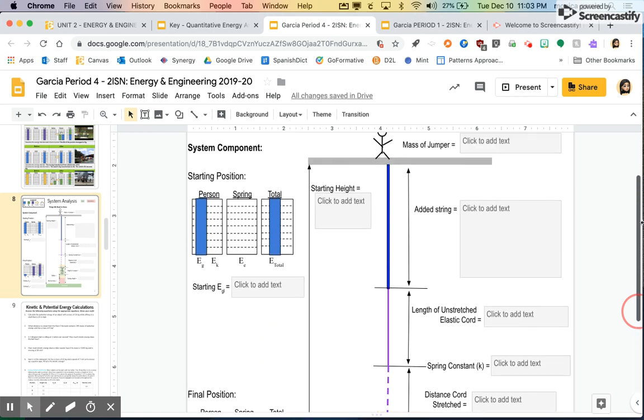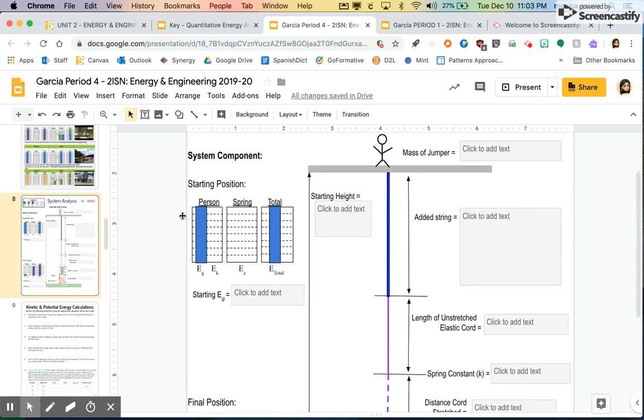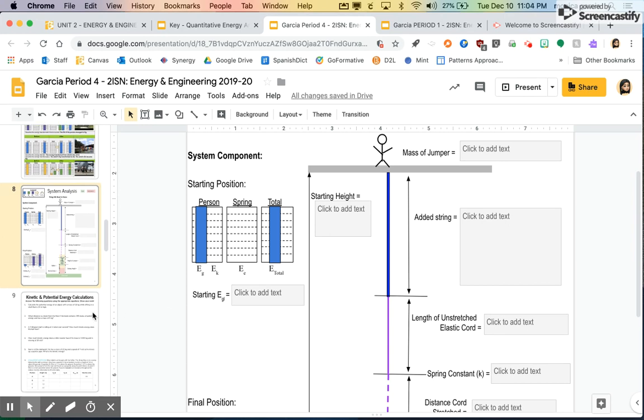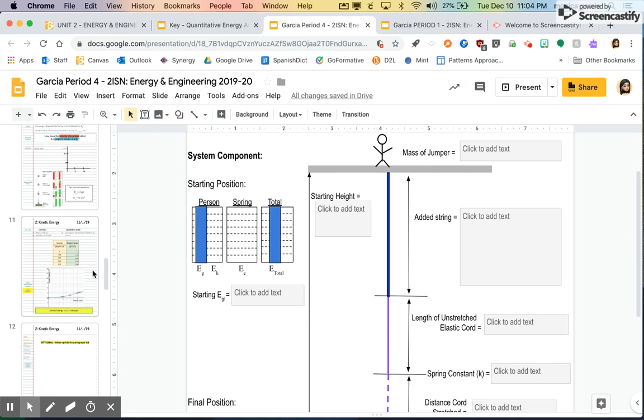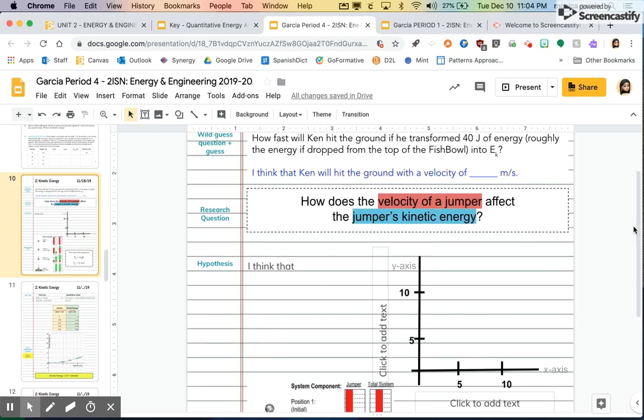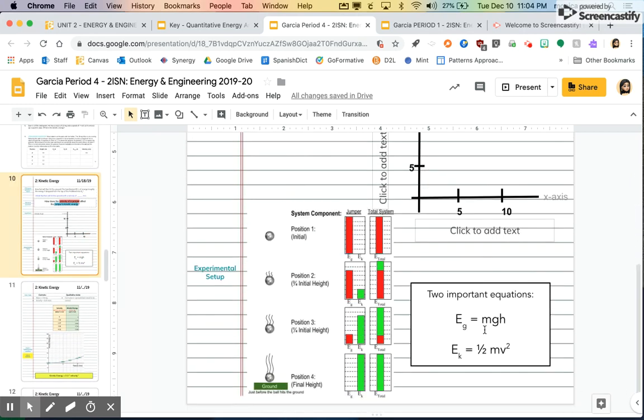Okay, so moving on. So now that we know what kind of energy we have at this position, we can actually calculate it. So looking back at that same lab that I just showed you, the kinetic energy lab, the equation for gravitational energy is the mass times the gravity times the height.